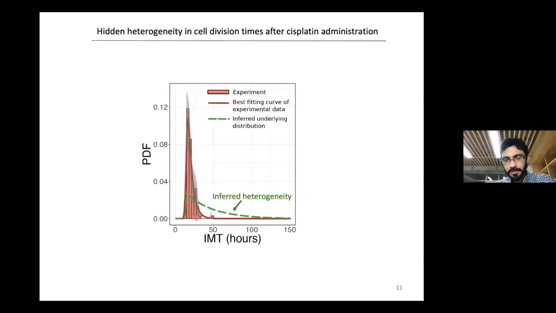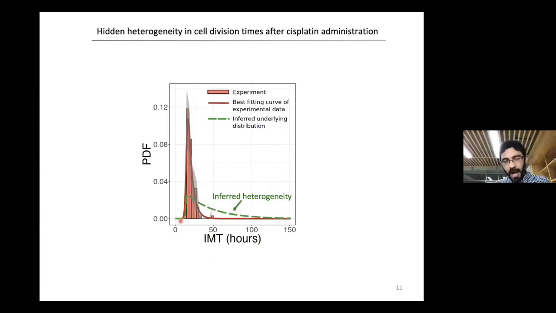The red histogram is the observed distribution, and the green distribution is what we've inferred from the data. What we are suggesting, and this is why we call the paper hidden heterogeneity, is that when you're adding drugs and when you have multiple competing fates, it's not enough to say that this distribution is the correct distribution. Unfortunately, this is really what is always done in the field. So really, what you need is a distribution that looks like this.